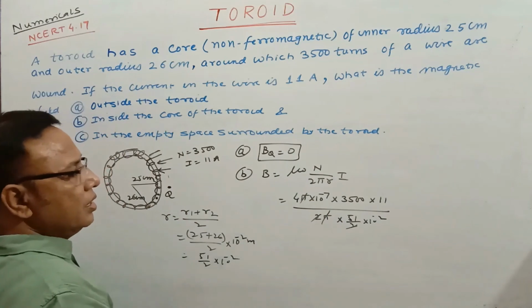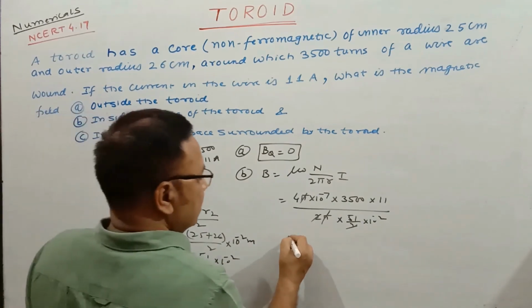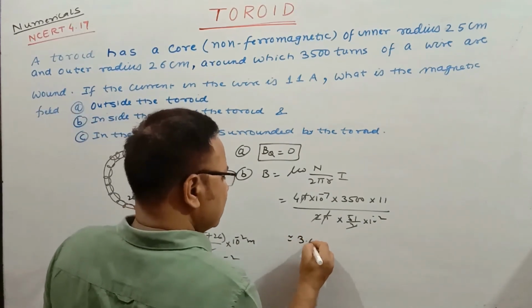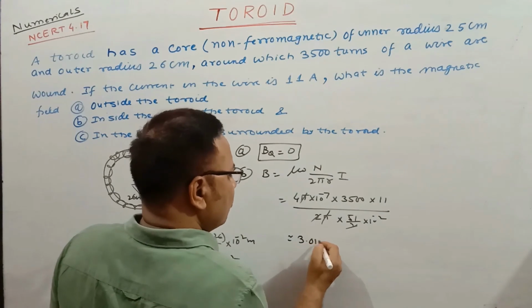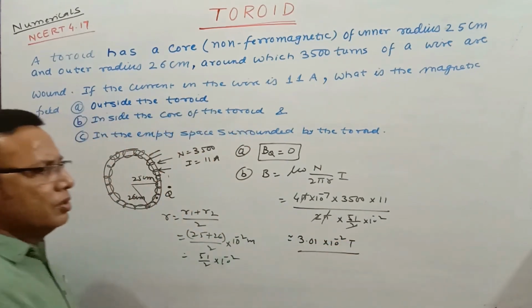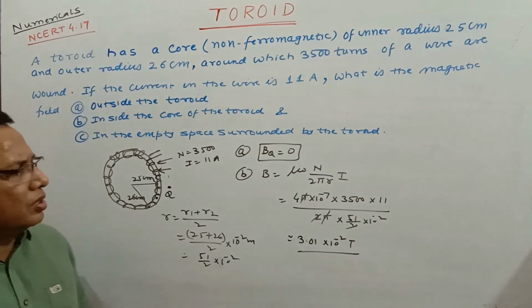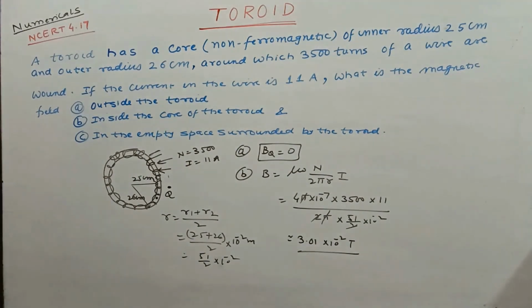So finally, if you calculate, it is around 3.01 into 10 to the power minus 2 Tesla. That is what you get, and this is the magnetic field inside the core.